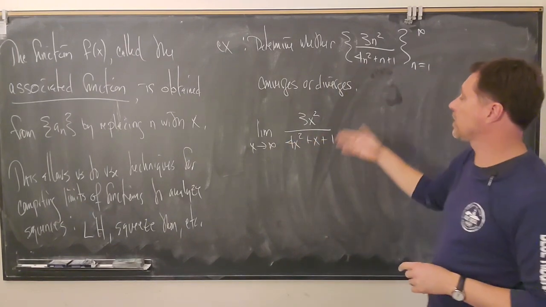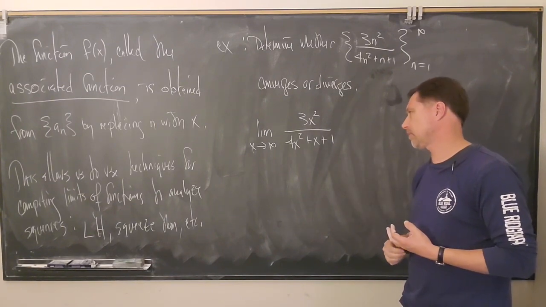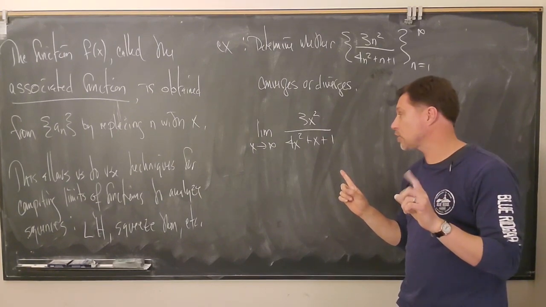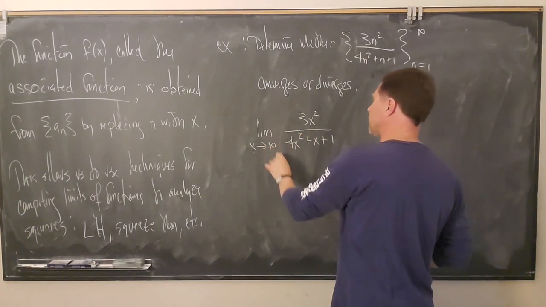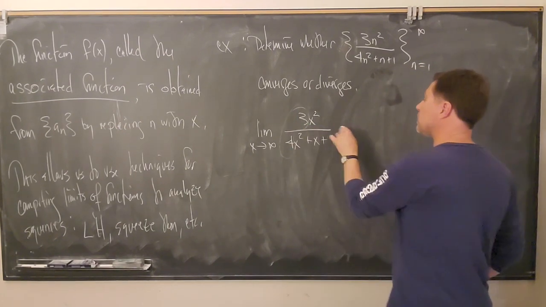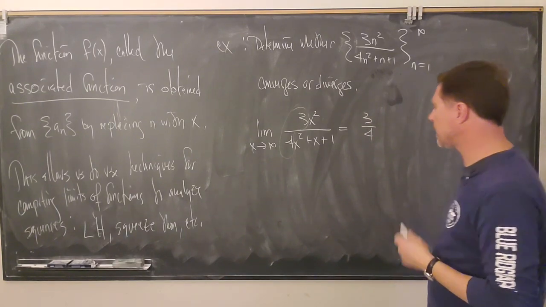This is a situation where you could use L'Hopital's rule, but you don't have to in this setting. When you have polynomial over polynomial, where the degrees match, you can write the answer down. You look at the fraction of leading coefficients, and so what we get here is 3/4. And so what does that tell us?